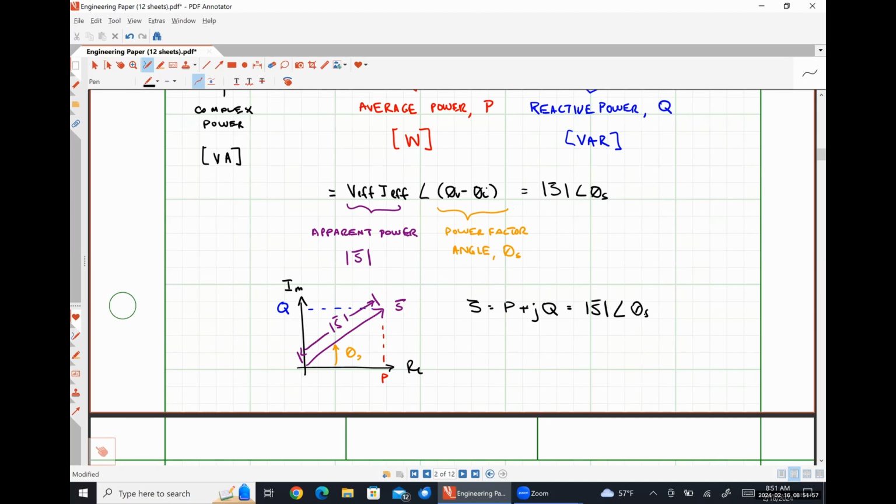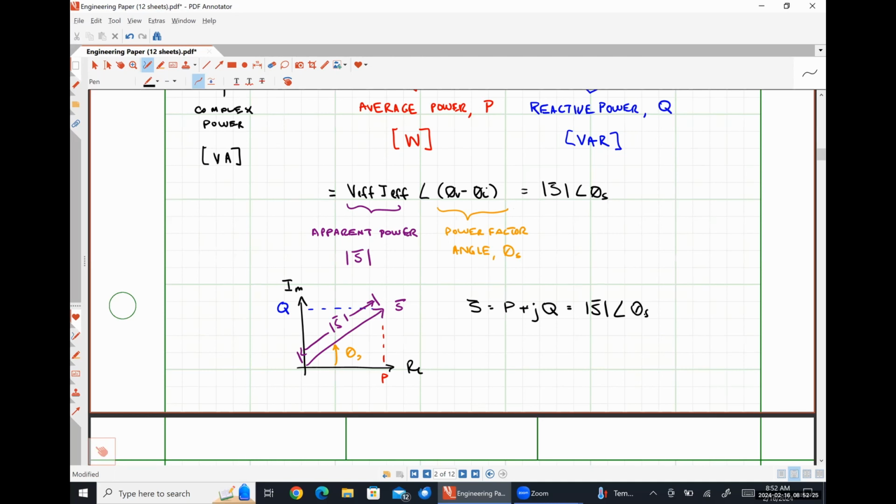And the power triangle actually tells us quite a lot of information. For example, with this one as it's currently depicted, whatever I'm calculating the complex power of is absorbing average power, and it is absorbing reactive power. I can say that because both are positive quantities. So that tells me this is an inductive load.